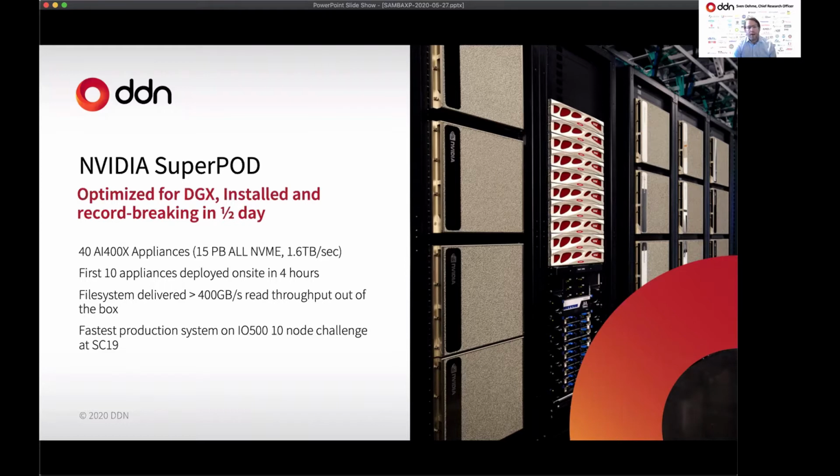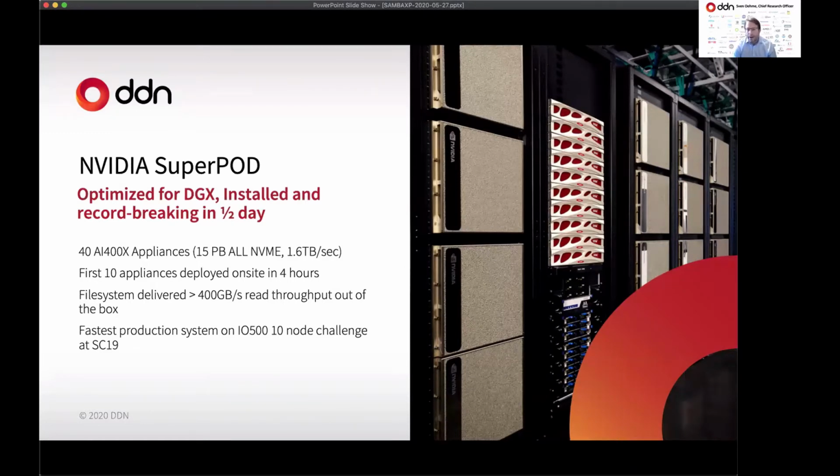So NVIDIA deployed a larger number of DGX systems in the lab. And we came in and within 4 hours, we installed 10 of our AI400X appliances. And so the system was basically up and running in 4 hours. This was just a small subset of the total system, but this was what was required in order to meet the benchmark requirements. The system delivered over 400 gigabytes per second throughput.